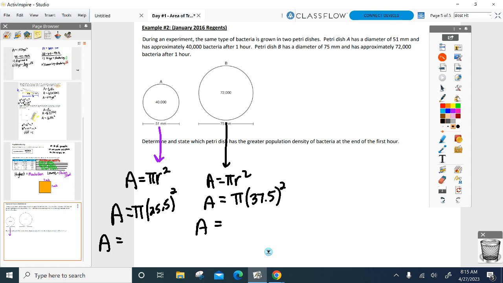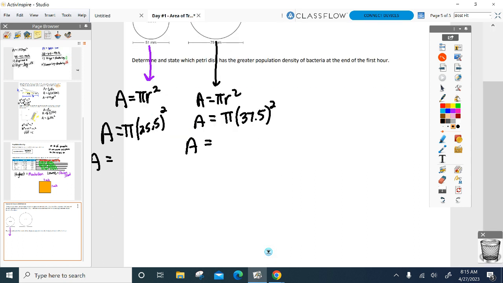So keep that full calculator display for the area, and then I want you guys to go right to population density.